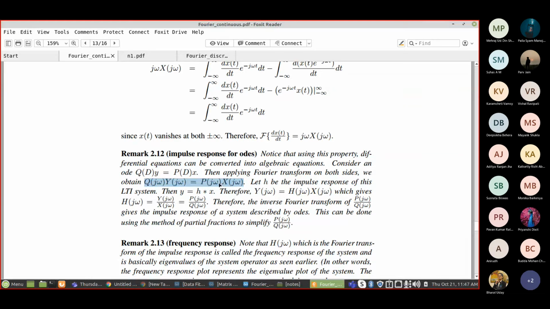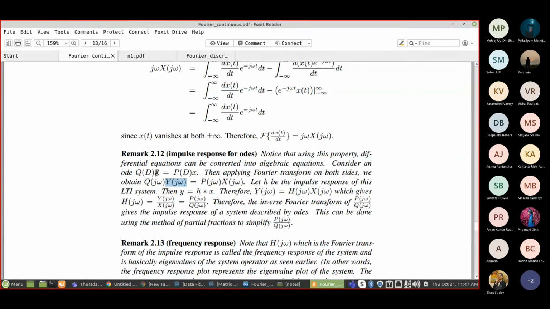So this differential equation, you can convert into an algebraic equation like this. Q of j omega is just a polynomial in j omega. This is a polynomial in d/dt, which gets converted into a polynomial in j omega. Y(j omega) is the Fourier transform of y. This need not be a polynomial.